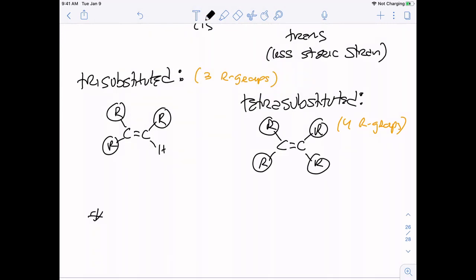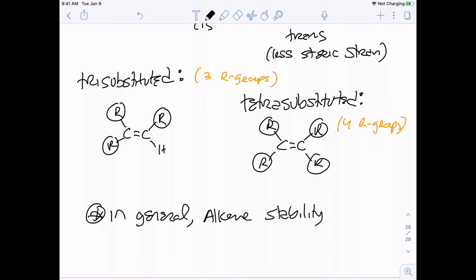So in general, alkene stability increases with substitution. And then if you're comparing a di-substituted to another di-substituted, the trans version is going to be the more stable.